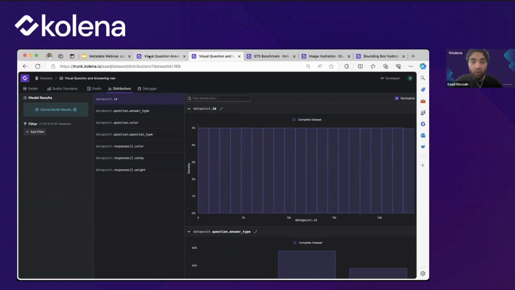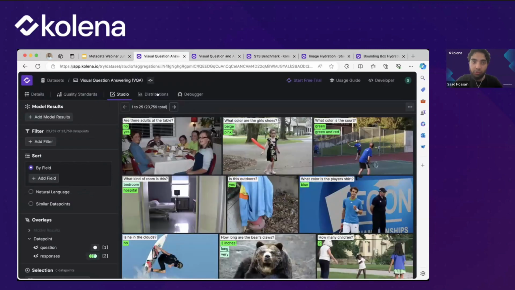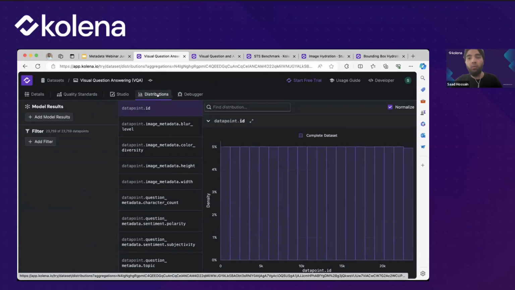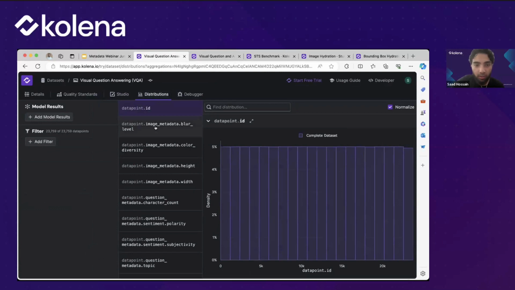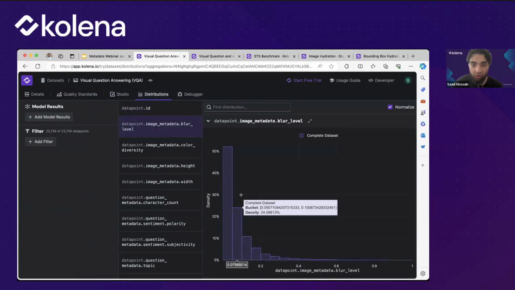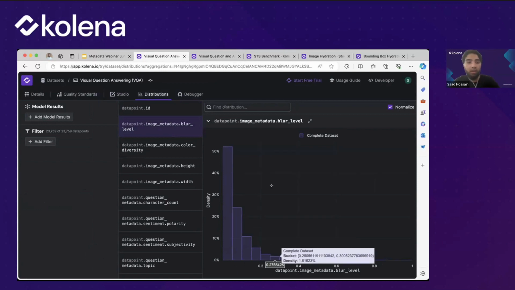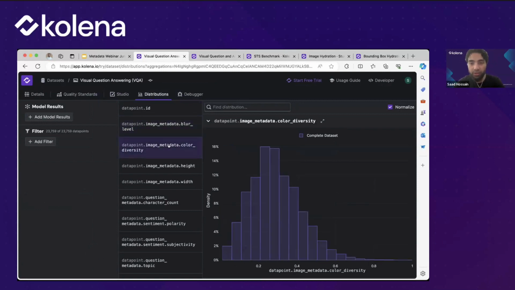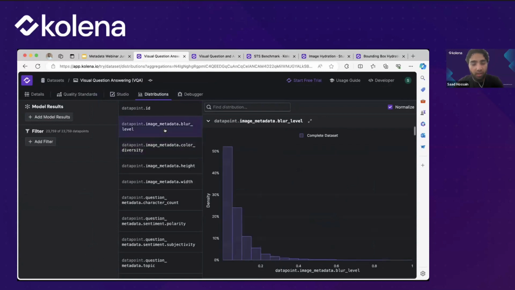But when you hydrate it using some of the extraction techniques that we went over previously, we can now see the distribution of blurriness in our data set. We can also see the diversity of color. If we inspect the blurriness, we see that most of our images are to some degree blurry, with less representation in the other buckets.